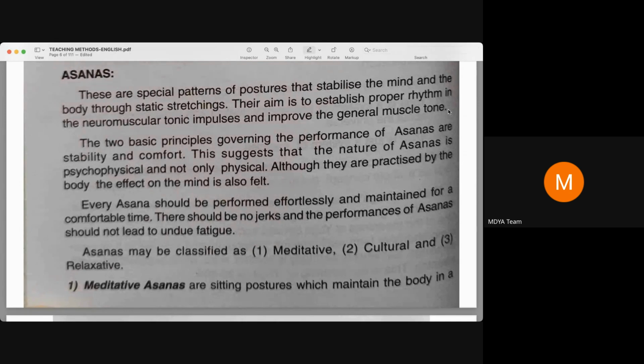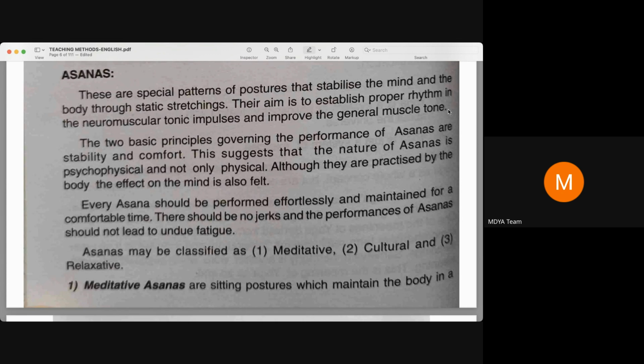Then only you can practice more efficiently. Although they are practiced by the body, the effect on mind is also felt. If you are focusing, you have to involve your mind in the particular organ affected by that asana, and if your mind is at that organ, that will increase the benefit of that asana.